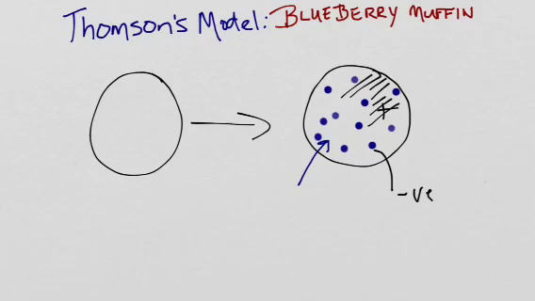So the batter of your muffin is still all going to be positive, but every once in a while we will have these little negative charges, and because opposites attract, the negatives are kind of sticking to the outer surface of this solid sphere. Okay? So that is kind of where Thomson is coming from.